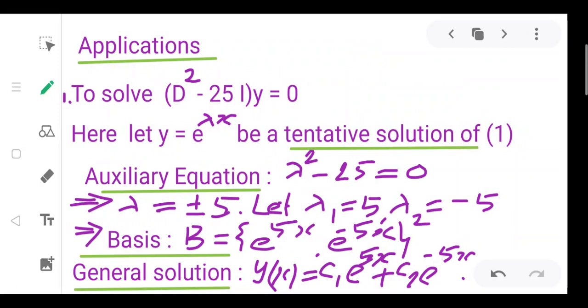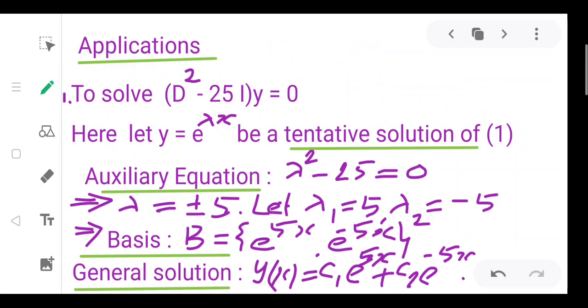If I choose lambda 1 equal to 5 and lambda 2 equal to minus 5, then the corresponding basis will be e raised to 5x, e raised to minus 5x. Here the roots are real and distinct, hence the solutions are independent, hence they will form a basis. The corresponding general solution will be y of x equal to c1 e raised to 5x plus c2 e raised to minus 5x.